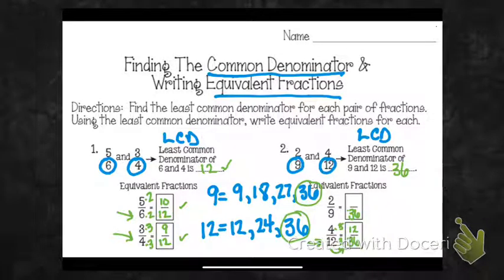And then for the last one, what times 9 equals 36? Well, that should be 4. So then multiply 2 times 4 and we get 8. So our correct answers there: LCD is 36, and then our fractions are 8/36 and 12/36.